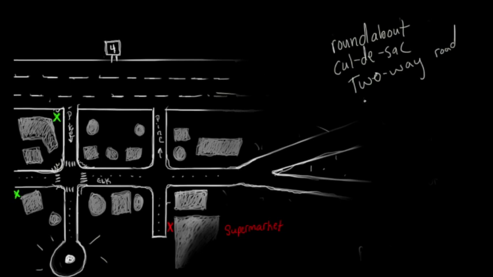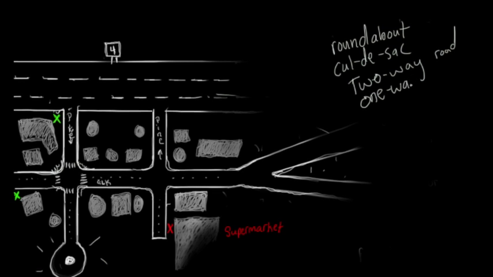So we call this a one-way road. If cars can only go in one direction, notice I say direction, not directions, they can only go in one direction, we call it a one-way road. So we have a two-way road, this way, and the one-way road, this way or this way, not both. Not this way and this way, okay? So, two-way road and a one-way road.